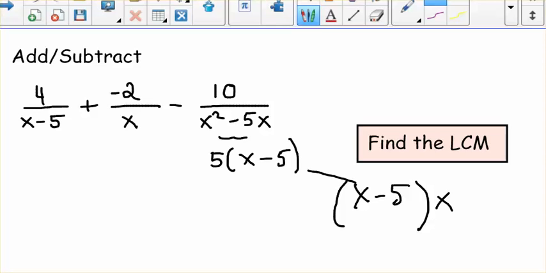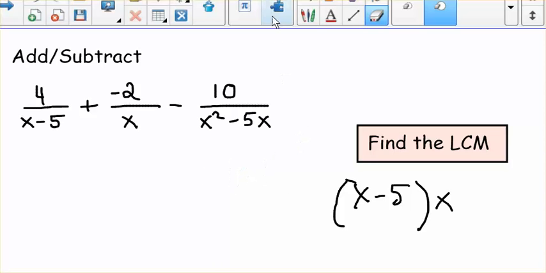So that's going to be it. I've got x times x minus 5. So let's go ahead and rewrite each one of these with a common denominator. This is what I'm starting with.